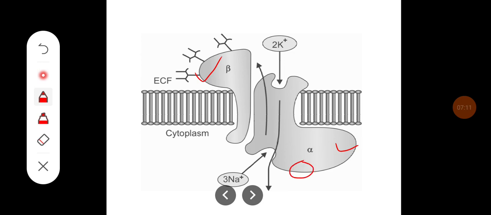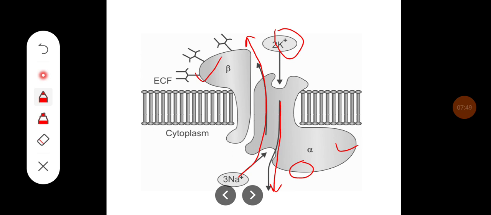When 3 sodium ions and ATP bind, there is a transfer of energy which causes configurational changes in the alpha protein, which moves the sodium out of the cell. Then 2 potassium ions bind from outside the cell, and this causes dephosphorylation, which leads to configurational changes in the alpha subunit again, helping in the movement of 2 potassium ions inside the cell.